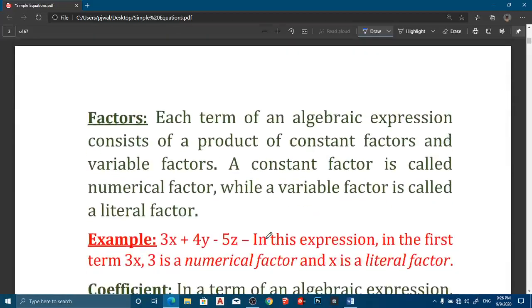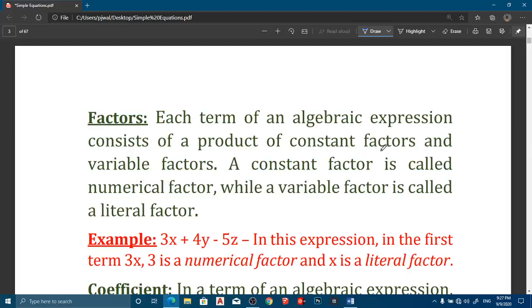Next, factors. Each and every term of an algebraic expression consists of a product of constant factors and variable factors. Already told you, in each term you have a constant factor, or numerical factor, and a variable factor, or literal factor. Constant factor is also called a numerical factor or numerical coefficient; all are the same. You have to be familiar with all the terms, otherwise you will be confused.